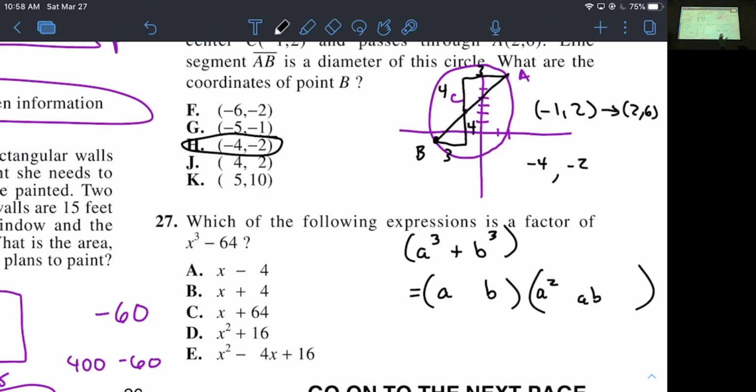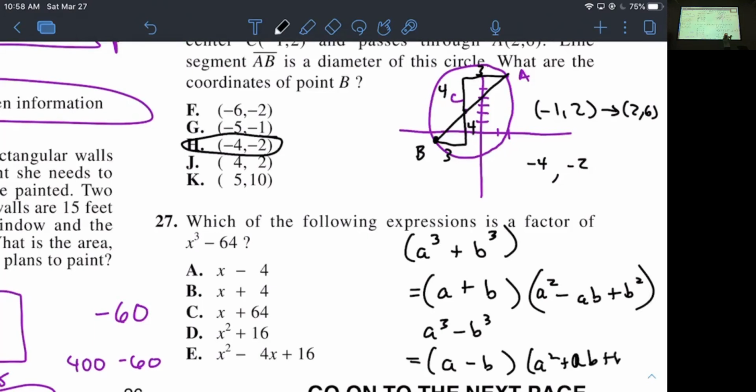And then you square the last guy, B squared. Since it was plus, my signs go plus, minus, plus. That's the sum and difference of 2 cubes. If it was A cubed minus B cubed, the signs would go minus, plus, plus, but you factor it the same way. In my example, is it plus or minus?